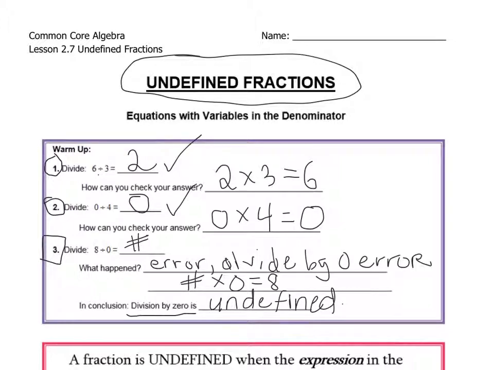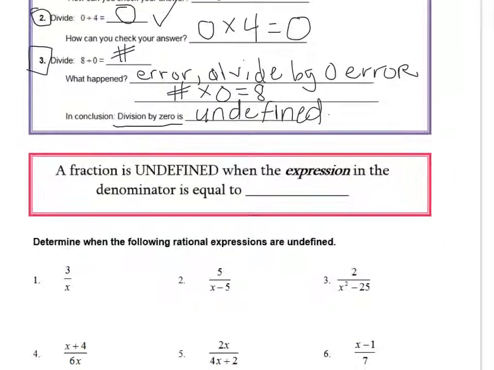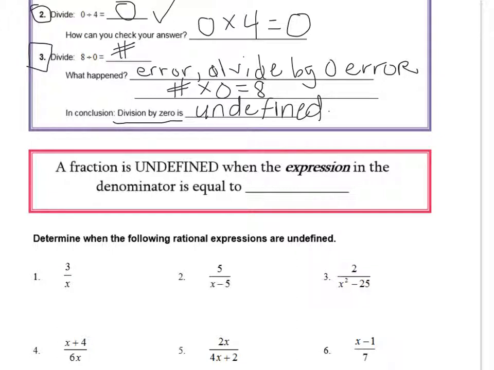So the types of questions they ask on a Regents exam, like I said, are typically multiple choice. For example, these directions say determine when the following rational expressions are undefined. Sometimes the directions may say, for what value of x will this fraction be undefined?